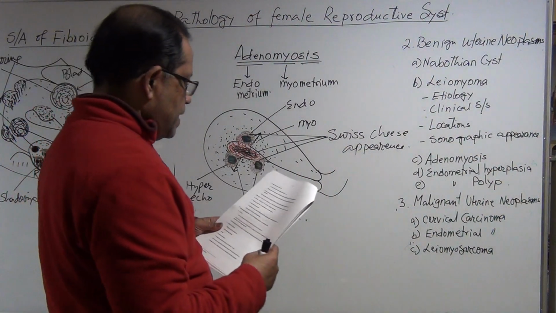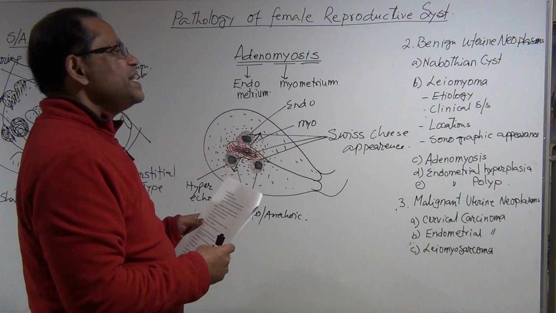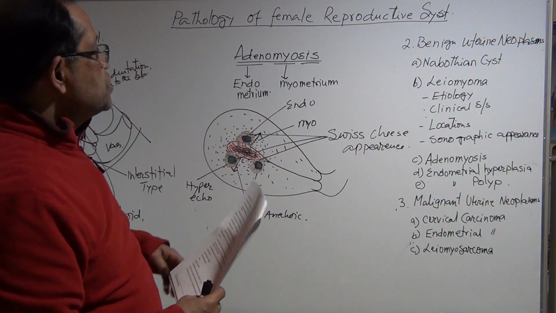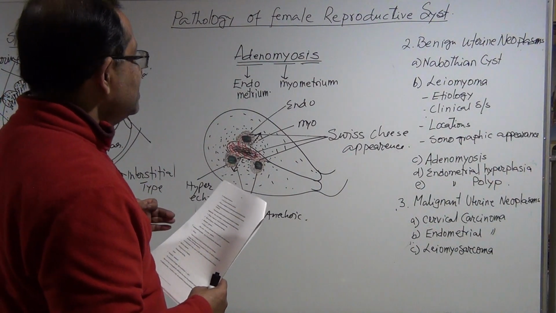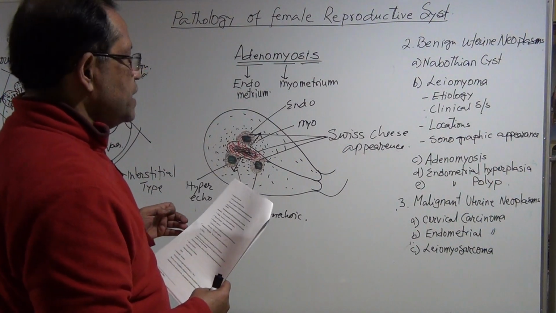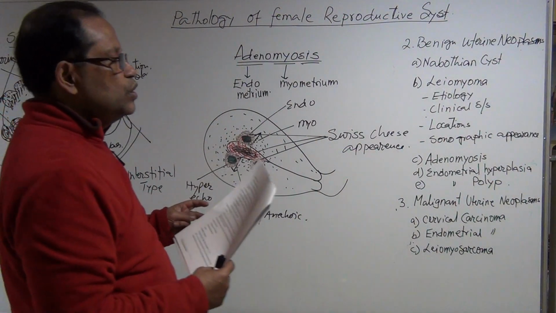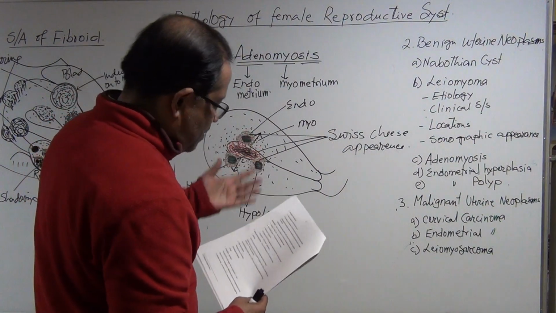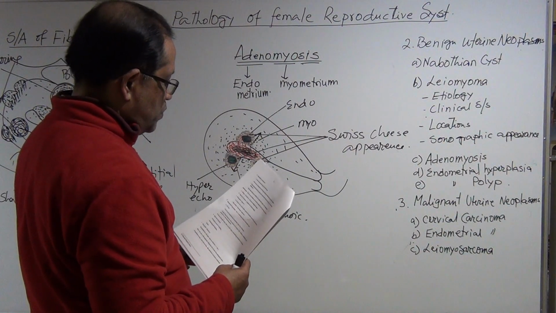adenomyosis. This is a rare condition in which the endometrial tissue invades the myometrium. Etiology. It is found in 40 to 60 years old multiparous women. Okay? 40 to 60 years old multiparous women, means mostly it is after menopause, but it can happen before menopause.